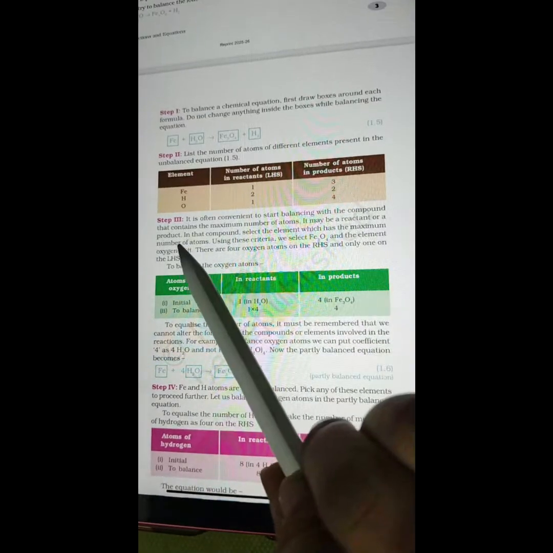Step number 3. It is often convenient to start balancing with the compound that contains the maximum number of atoms. It may be a reactant or a product. In that compound, select the element which has the maximum number of atoms. Using these criteria, we select Fe3O4 and the element oxygen in it.